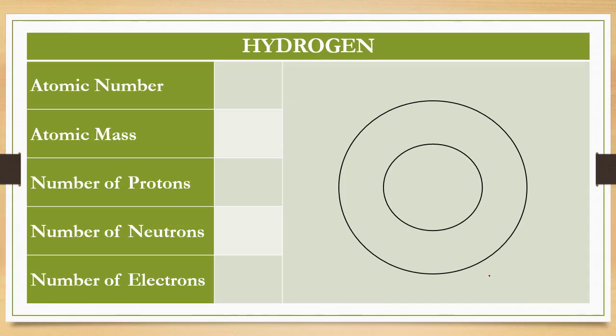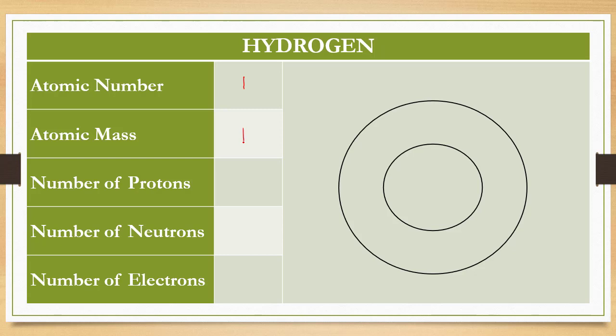So let's look at our first example here, and our first example is hydrogen. Okay. Using the periodic table, you should be able to determine the atomic number and the mass, and then calculate its protons, neutrons, and electrons. So hydrogen has an atomic number of 1, and it has an atomic mass of 1. Okay.